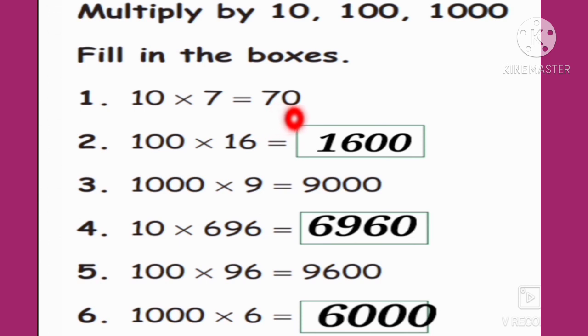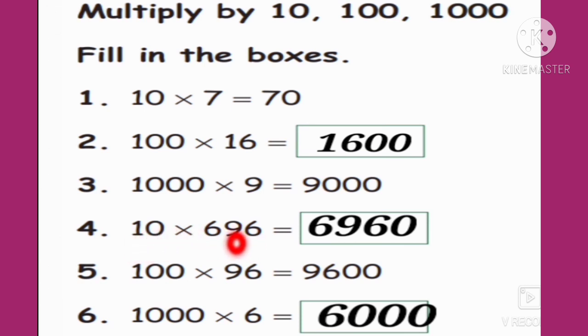It becomes 70. 100 into 16: put the digit 16 and include 2 zeros after the digit. So it becomes 1600. And 1000 into 9: put the digit and include 3 zeros after the digit. You get 9000.